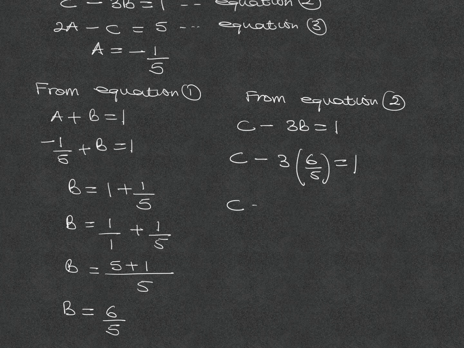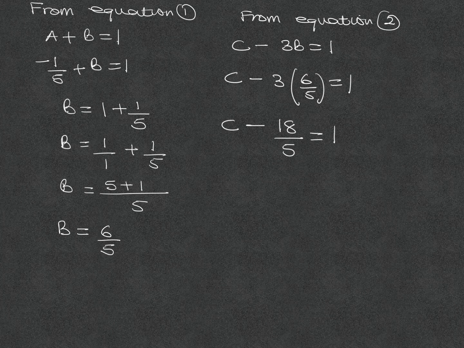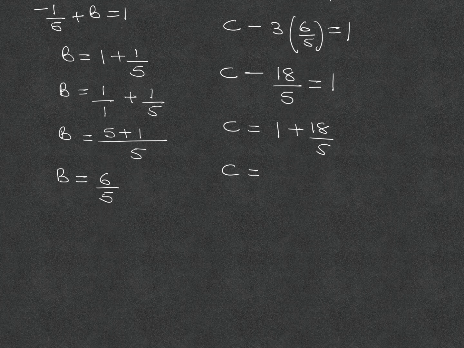So that will be c minus 3 times 6 is 18 all over 5 is equal to 1. So to find c, c will be equal to 1 plus 18 over 5.